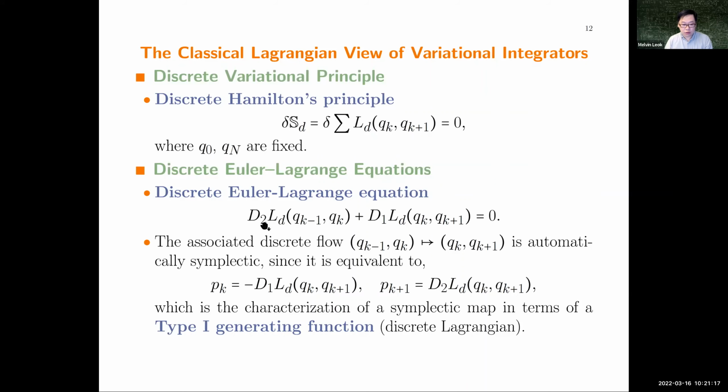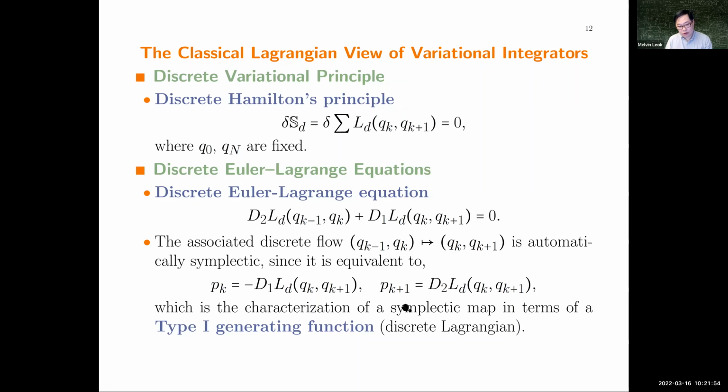So this turns out to be an equation which implicitly defines a map from pairs of points to pairs of points, from the solution at times k-1 and k to times k and k+1. If you don't like thinking in terms of multi-step methods, where you have data at two different times, you can also think of it as a single time, discrete time flow map, by introducing the momenta in this way.